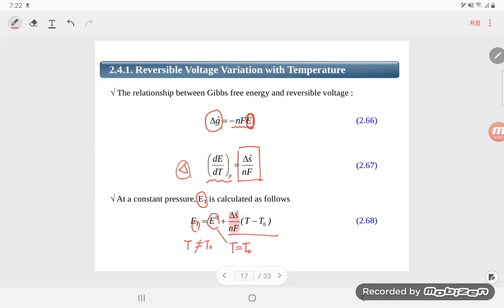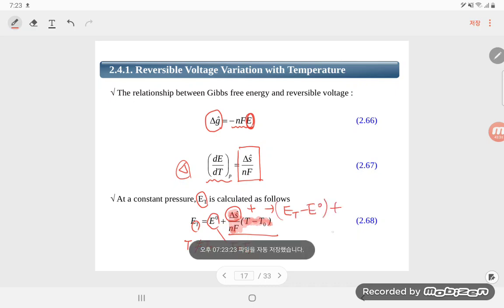So this is the change of the voltage depending on the temperature. By using this, we can expect that if delta S is positive, then ET minus E0 has a positive value.